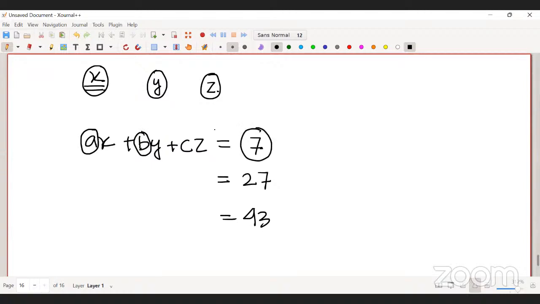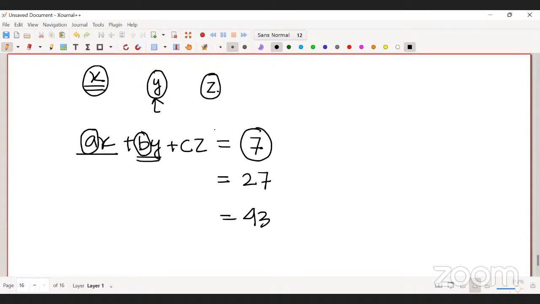Right. So similarly, for different categories, different prices, you need to assign some variable. Then you have to see how many items the shopkeeper sold for that particular price. Then the total price will be ax, and if the shopkeeper sold b number of items from this category, then the total cost will be by.